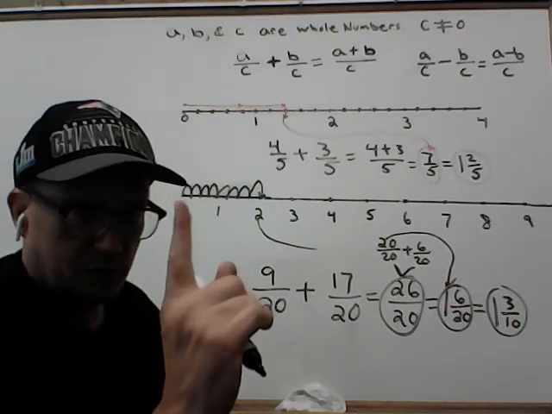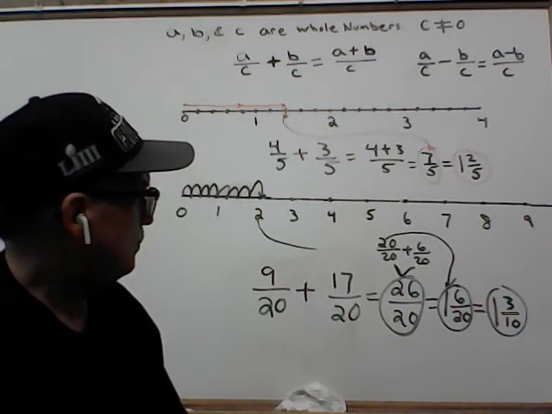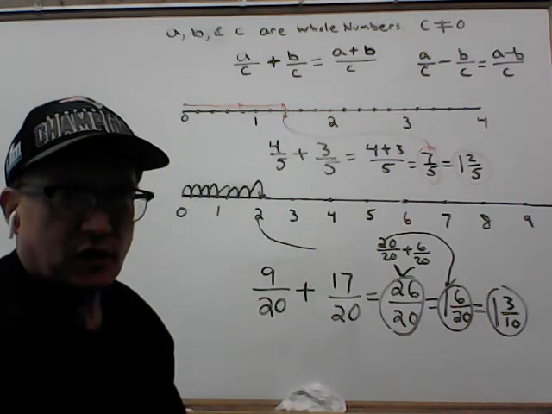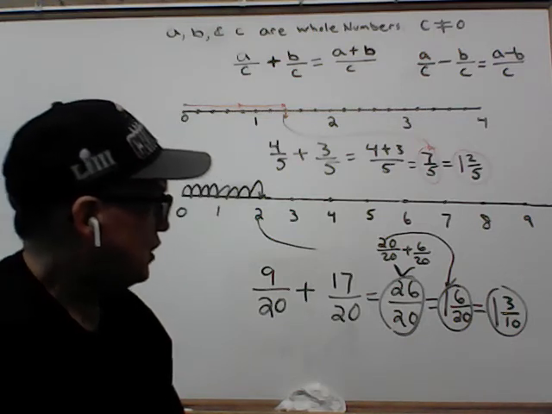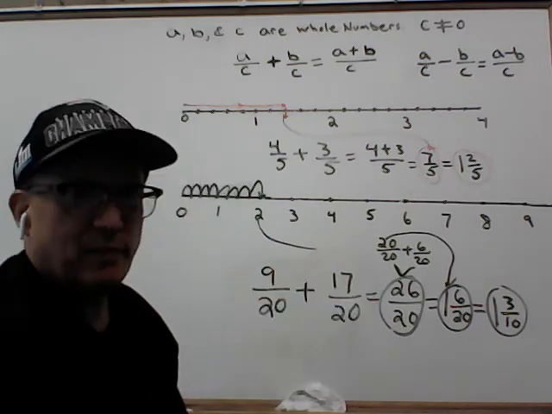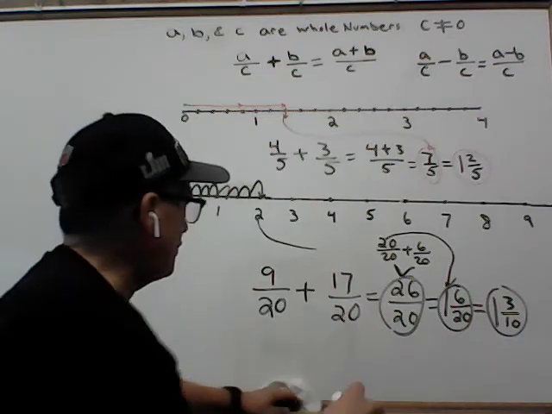If you don't understand that right now, don't worry. That's a big topic that we will cover soon. All three of these numbers are the same. They're all the same point on the number line. 26/20, 1 6/20, 1 3/10. Those points are right on top of each other.